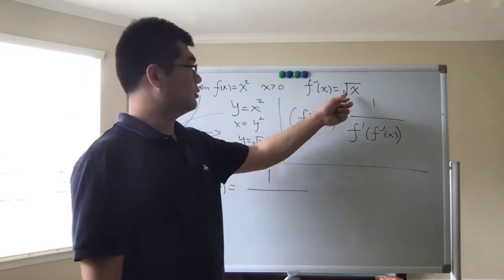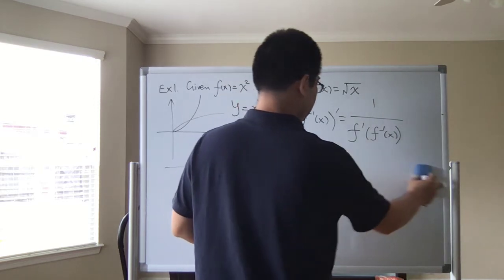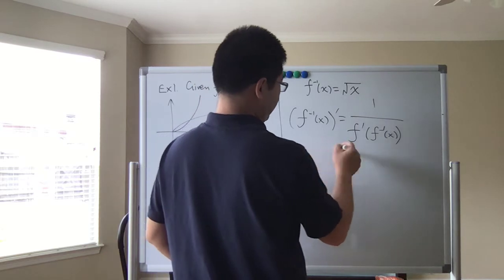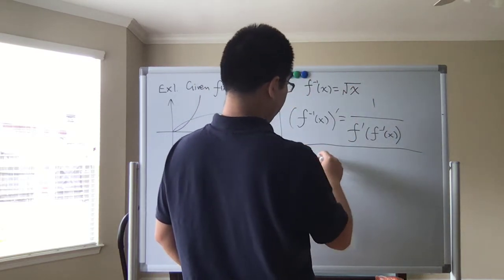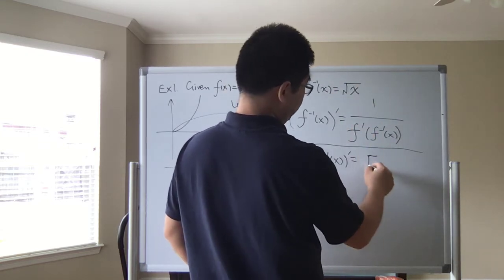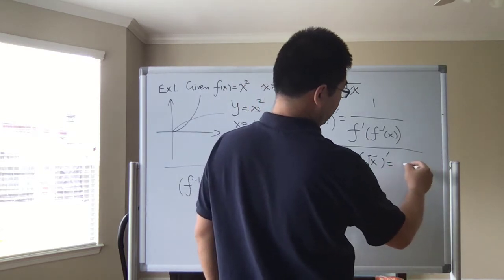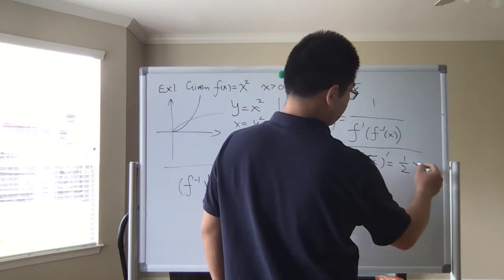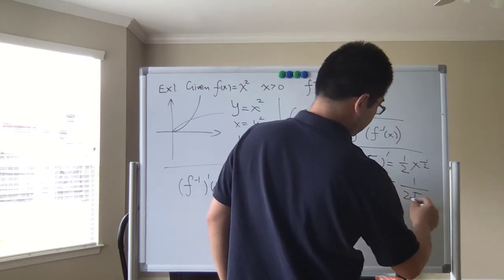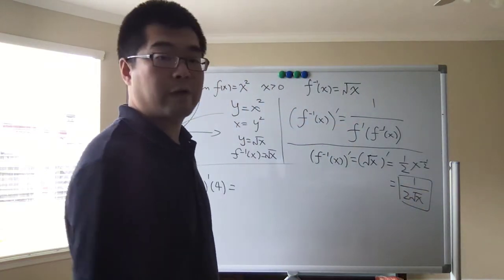Let me use a little bit of space here. I just want to verify this. The derivative of f inverse is the derivative of square root of x. As you learned, that gives us 1 over 2 x to the power negative 1 over 2, which simplifies to the derivative of f inverse.